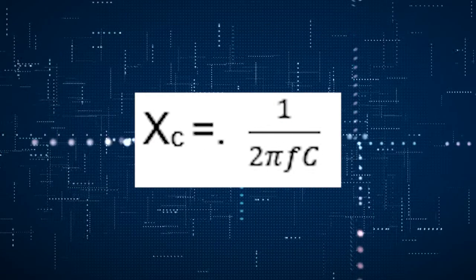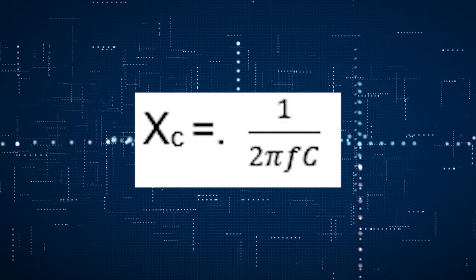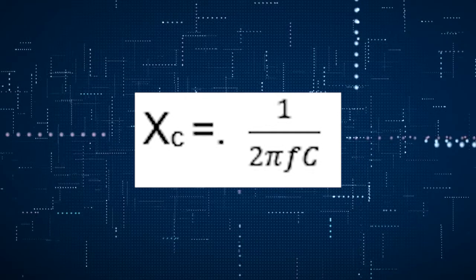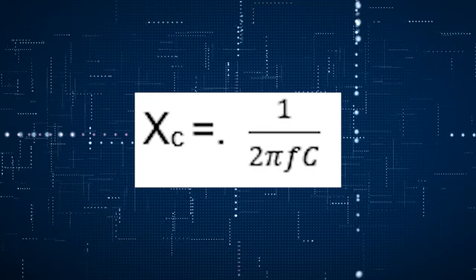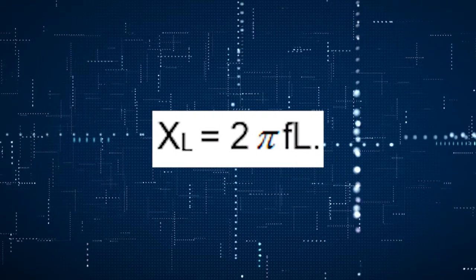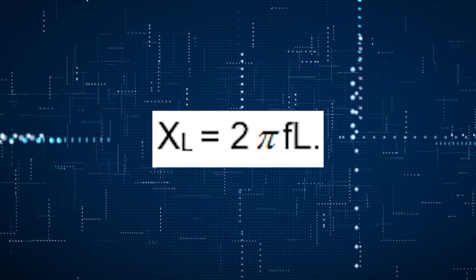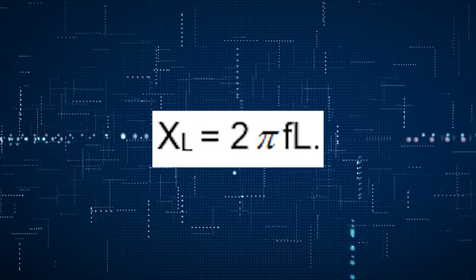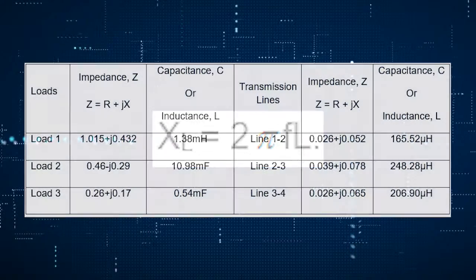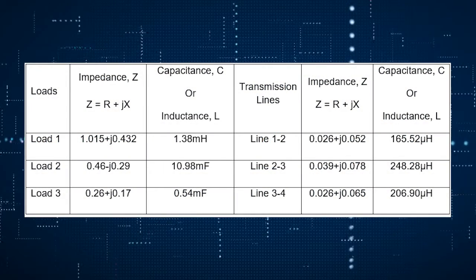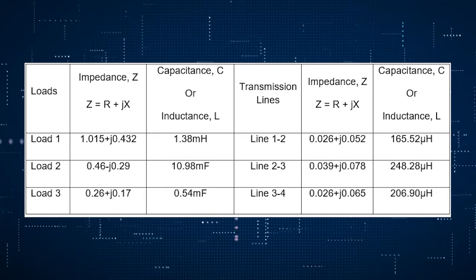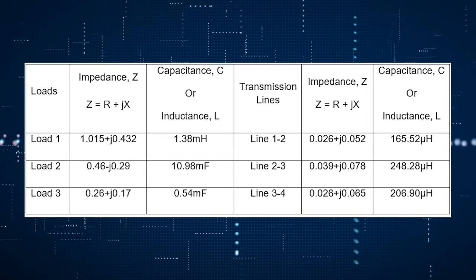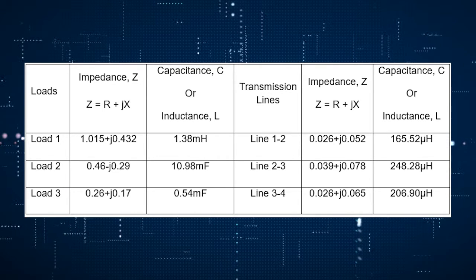By using the capacitance formula, which is Xc equal to 1 over 2 pi f C, we can find out the value of capacitor. Then, to find out the value of inductor, we can use the formula of inductance, which is X equal to 2 pi f L. The table shows the capacitance or inductance values that have been obtained from the impedance of load and impedance in transmission.